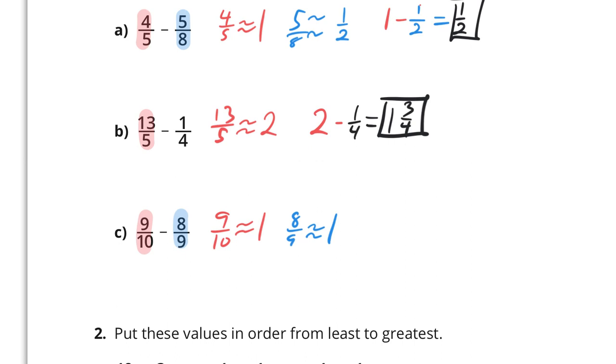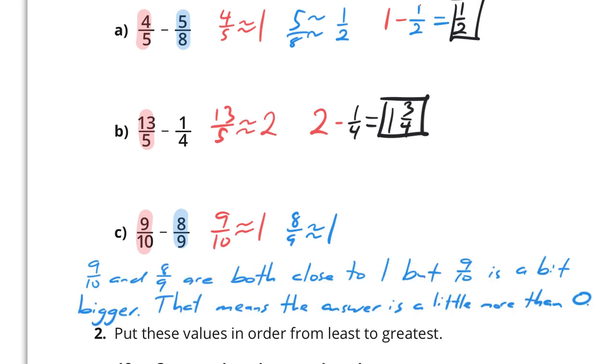Well, since the pieces here are smaller, right? 1/10 is smaller than 1/9, so I know that this one is slightly bigger. So if we're taking this one away from this one, we're going to have just over 0, just a little more than 0. And I might explain it like this. 9/10 and 8/9 are both close to 1, but 9/10 is a bit bigger. That means the answer is a little more than 0.